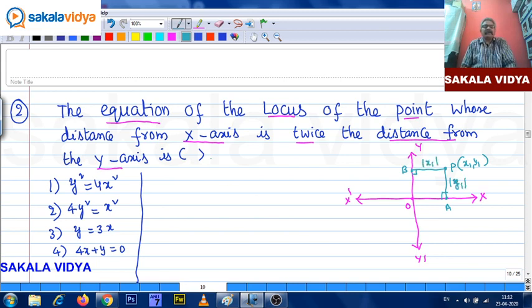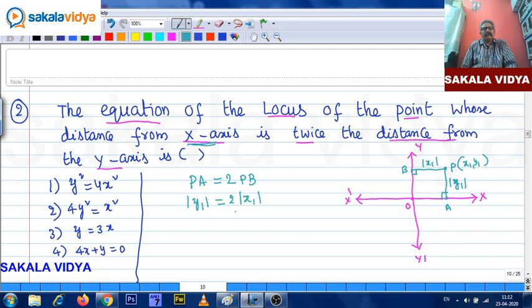So, what is the given condition actually? Whose distance from the x axis, PA, equals twice the distance from the y axis, PB. Now, replace: PA is equal to mod y1 equal to 2 mod x1.